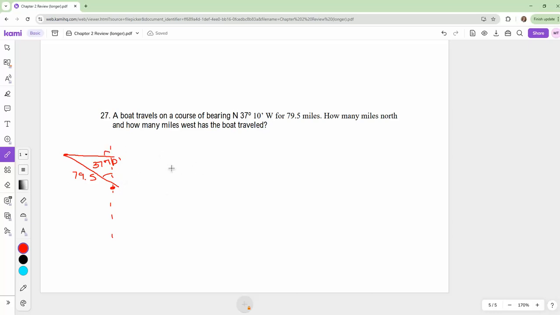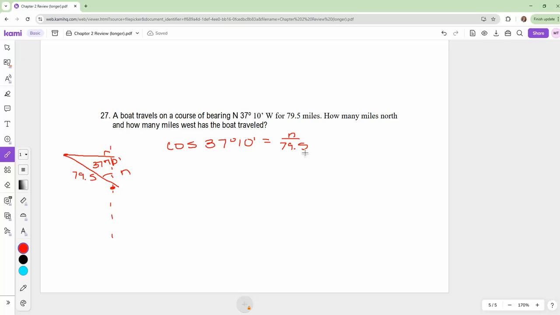That picture is not the best picture I've drawn, but the north will be this side. So from here, that's adjacent and hypotenuse. So we would say cosine 37 degrees, 10 minutes equals my north over my hypotenuse, 79.5. So now we just use our calculator, 79.5 times cosine.